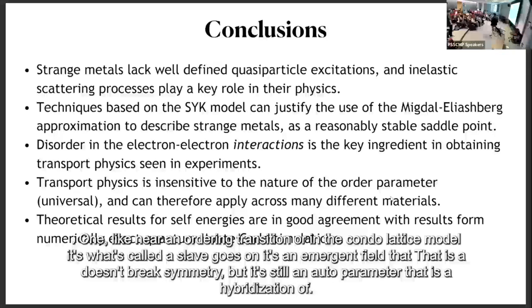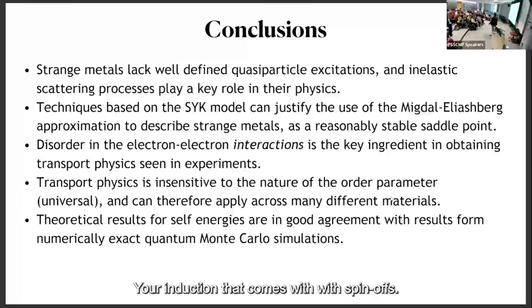Or in the Kondo lattice model, it's what's called a slave boson. It's an emergent field that doesn't break symmetries, but it's still an order parameter that is a hybridization of your conduction electrons with spinons.